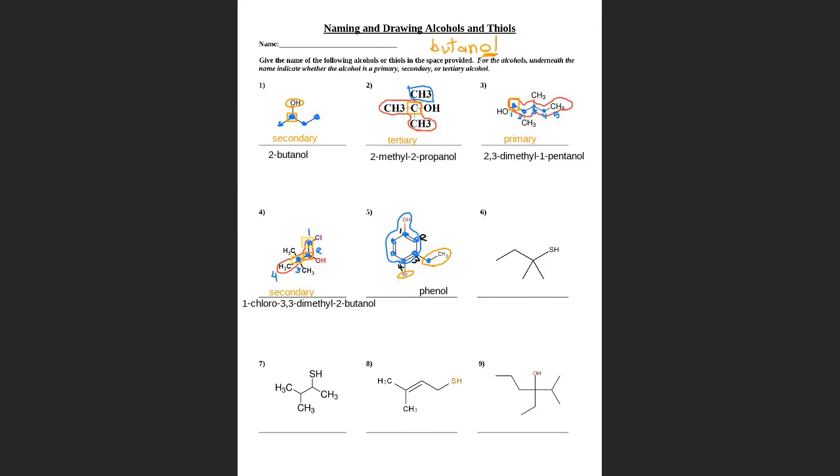Oh, by the way, with cyclic compounds, I don't need to put a number for the alcohol because the functional group is always automatically on the number 1 carbon, and so it's understood, and therefore you don't need to put a number. But I do have to indicate the location of the rest of the functional groups. So how would I name the rest of this?